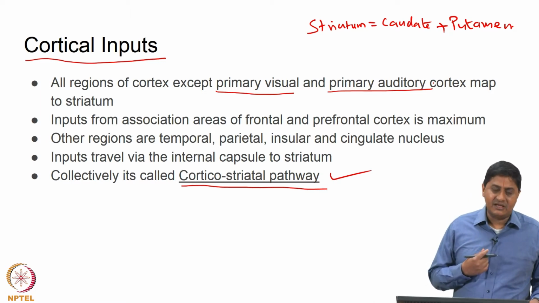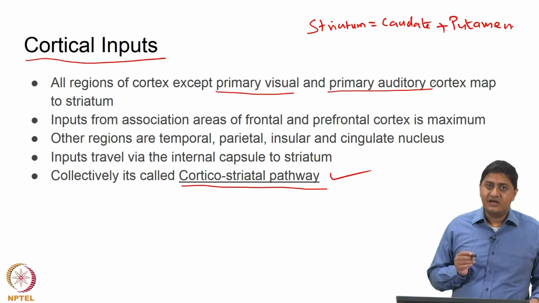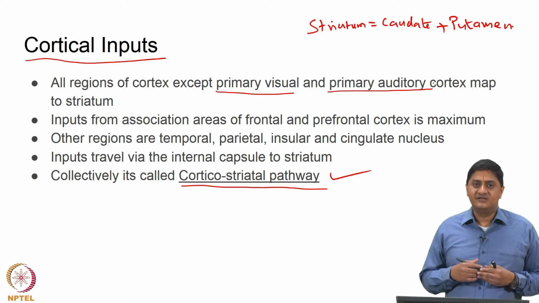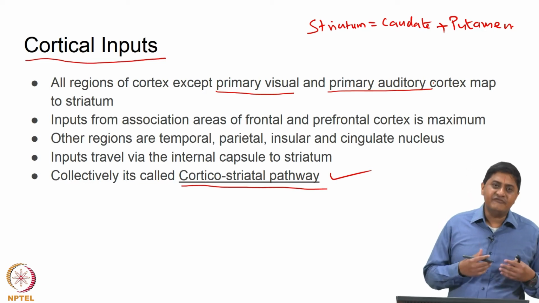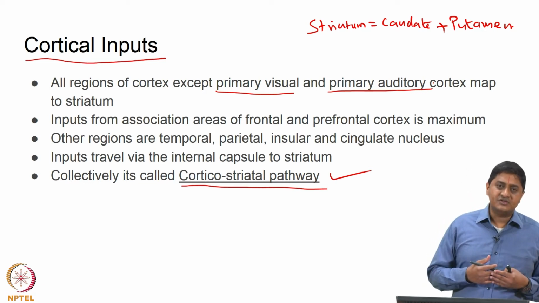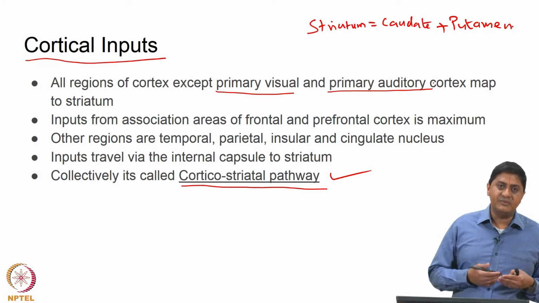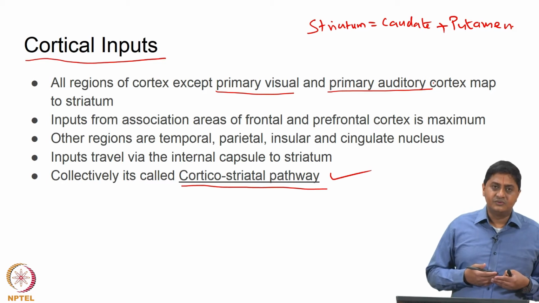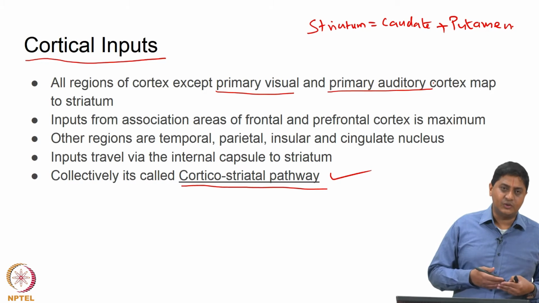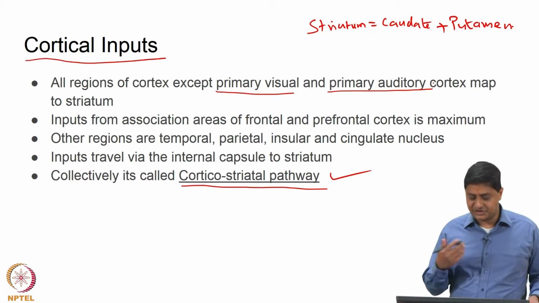The well studied loop among these four is the motor loop, and this offers us a clue as to how the other loops function. So, by understanding how the motor loops function, we may get an idea of how the other loops such as the limbic loop or the executive or association loops function and dysfunction.